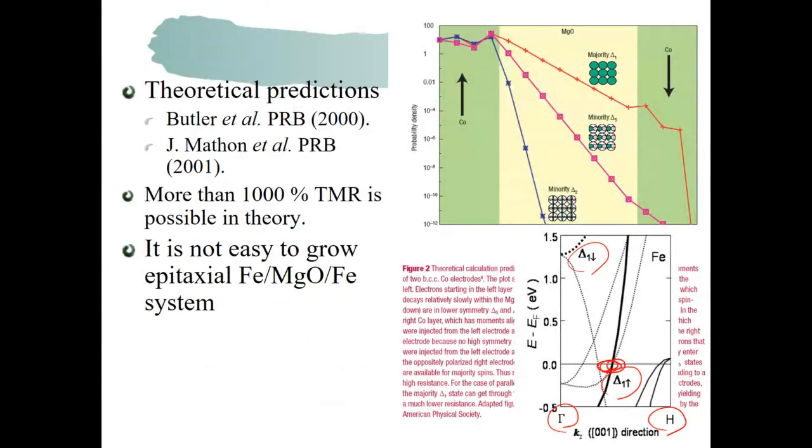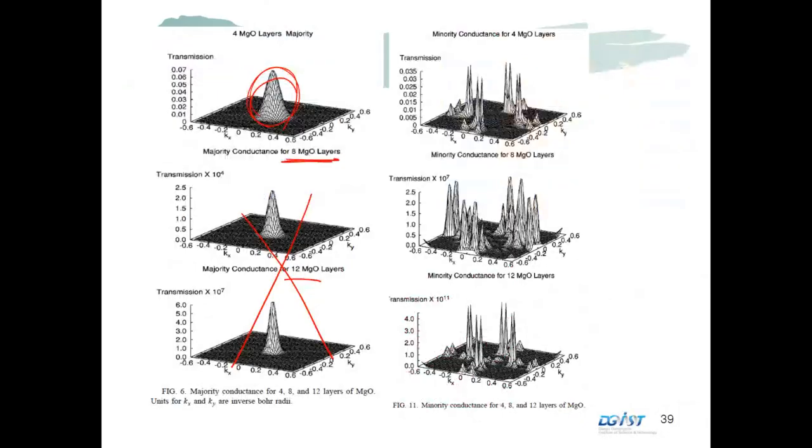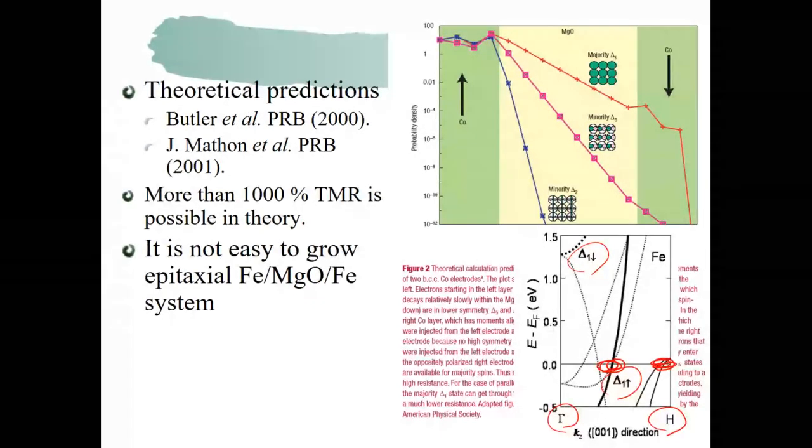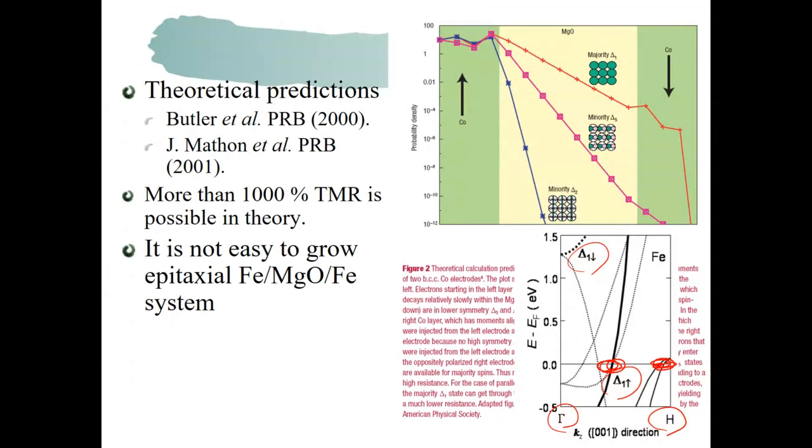While for this minority band, there is some kind of conduction at large KX and large KY. In this two-dimensional map, if you take a look, you can have such finite tunneling. So this corresponds to something here.